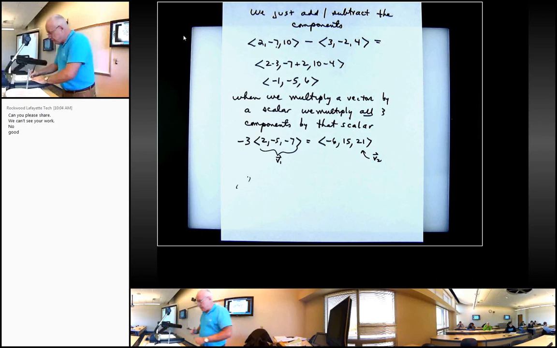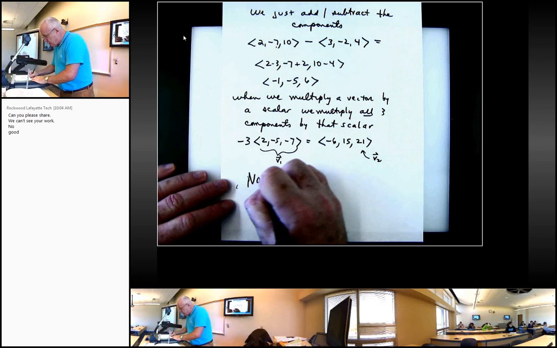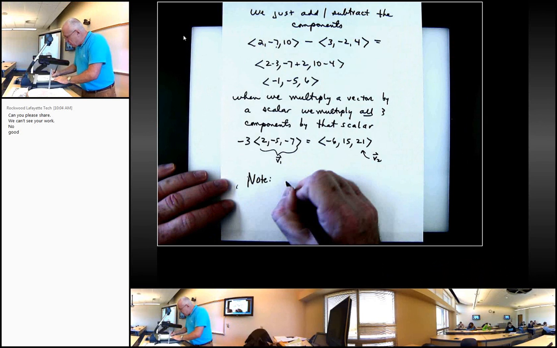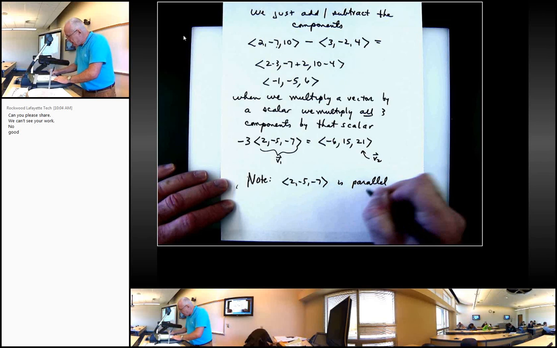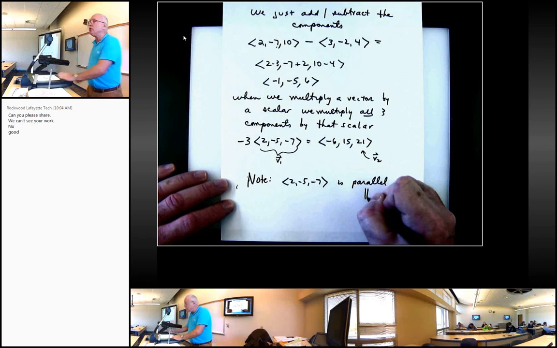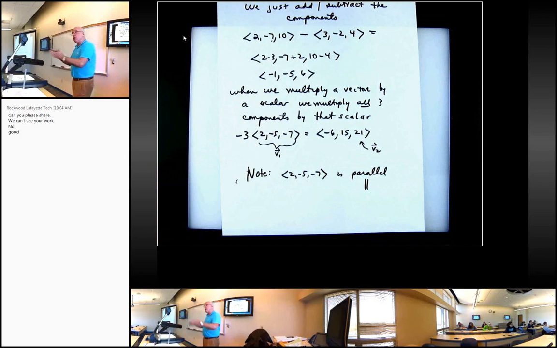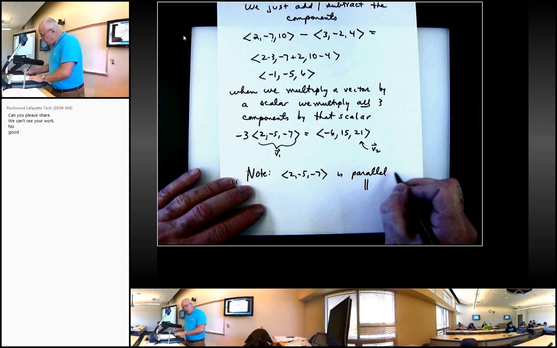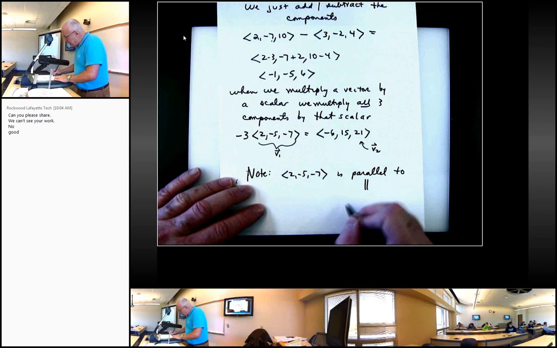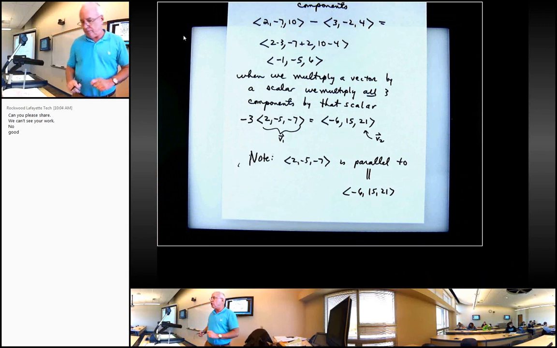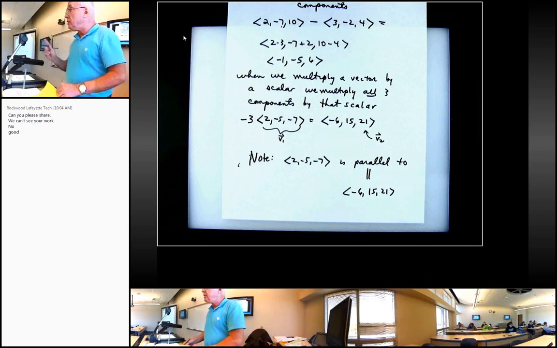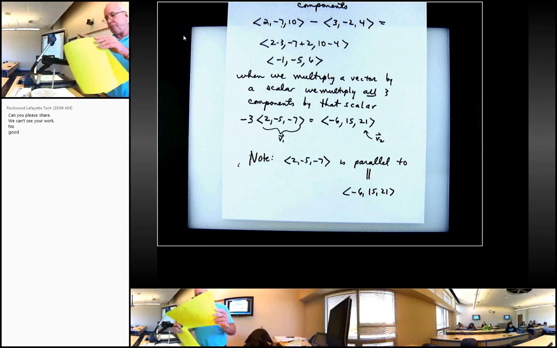Big note here: <2, -5, -7> is parallel to <-6, 15, 21>, and sometimes you might see this notation that looks like two railroad tracks. They have the same direction. Different magnitude, but same direction.